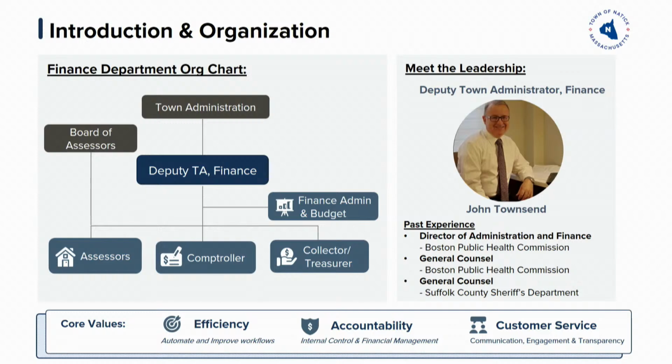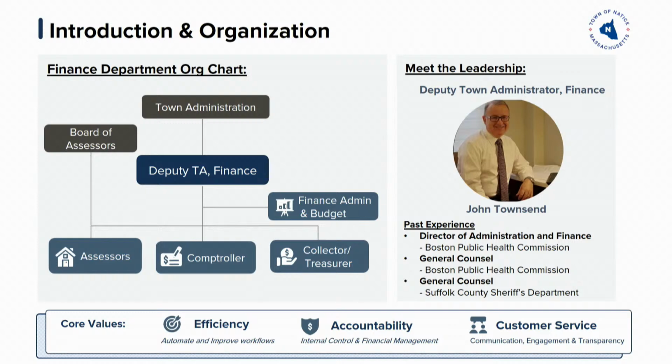Otherwise, under the Deputy Town Administrator of Finance, we have the Finance and Administration and Budget Office, and that is two individuals. The first one, she's seated in the audience here, Tien Wee, who is the Assistant Director of Finance, my number 2. She does a lot of work with regards to our policies and procedures and our systems in the finance department.